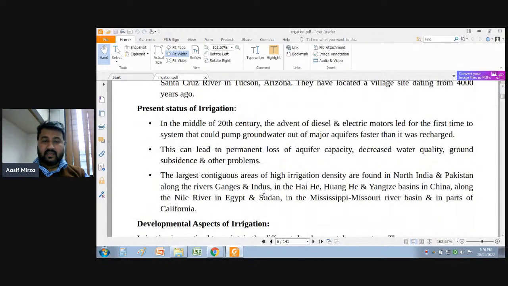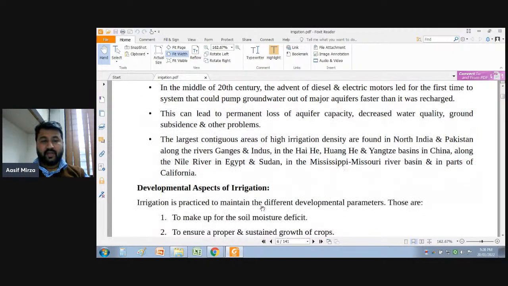The largest contiguous areas of high irrigation density are found in North India and Pakistan along the rivers Ganges and Indus, in the Hai, Huang, He and Yangtze basins in China, along the Nile River in Egypt and Sudan, in the Mississippi-Missouri River basin, and in parts of California.